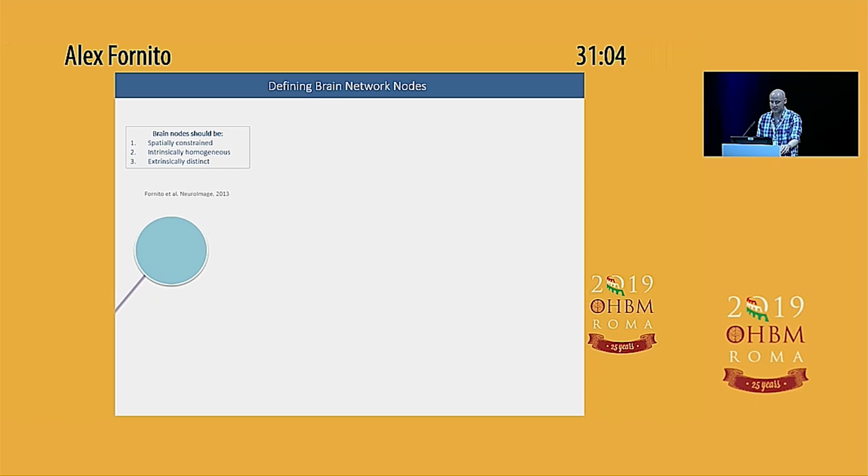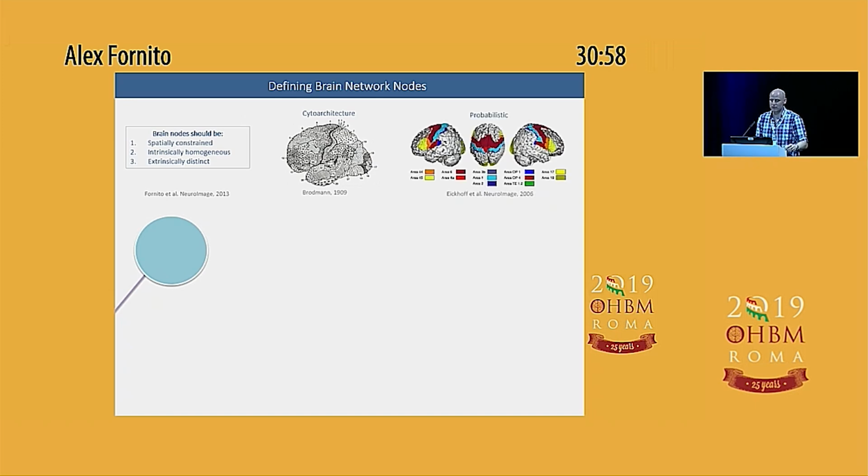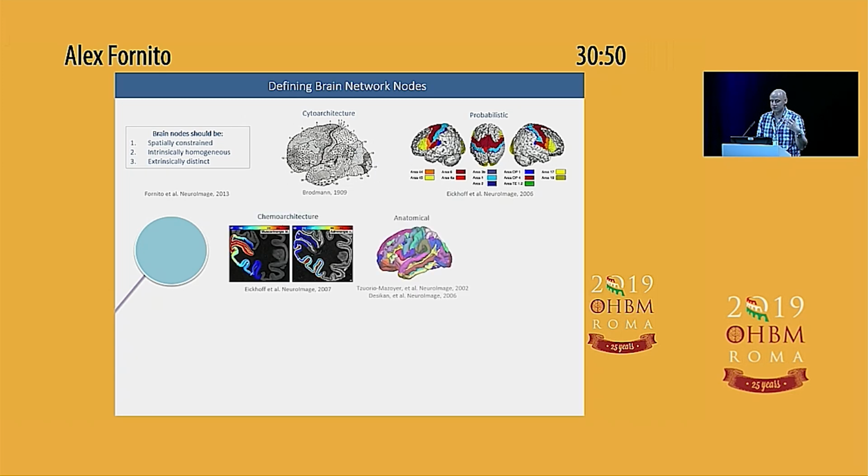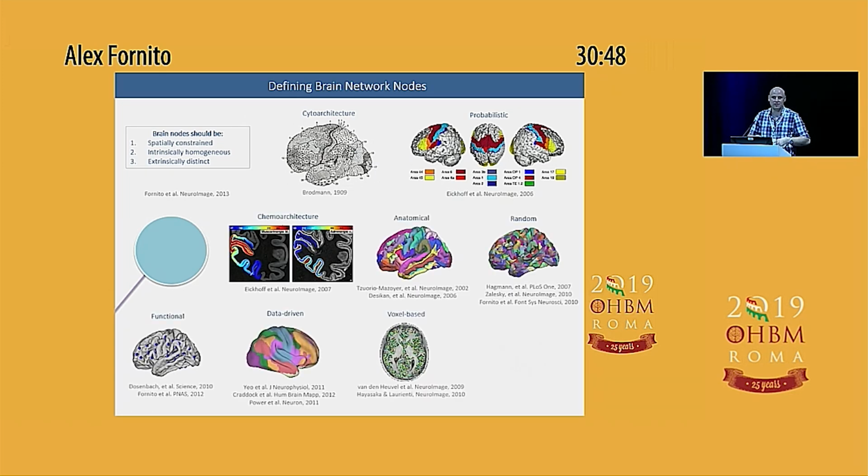Now there are lots of different ways of trying to meet these criteria to different extents. The classic example is Brodmann's cytoarchitectonic maps, and these have been translated into stereotaxic space in a probabilistic sense for some regions, but not all. Alternatively, you could use variations in chemoarchitecture, myeloarchitecture, sulcal and gyral boundaries. People parcellate the brain at random.